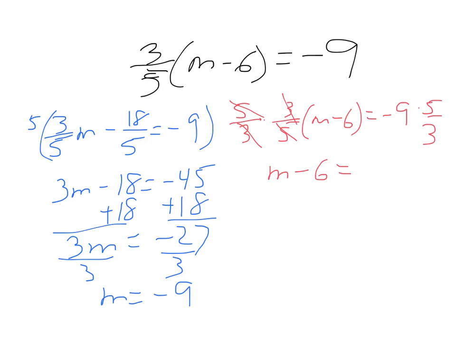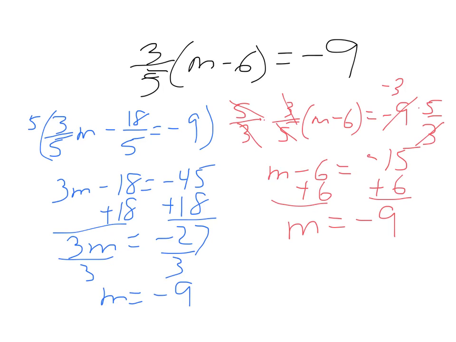And then the 3 goes into 9 3 times, so that's negative 3 actually, and that's going to be negative 15. Add 6 to both sides, and m equals negative 9. So again, I get the same answer.